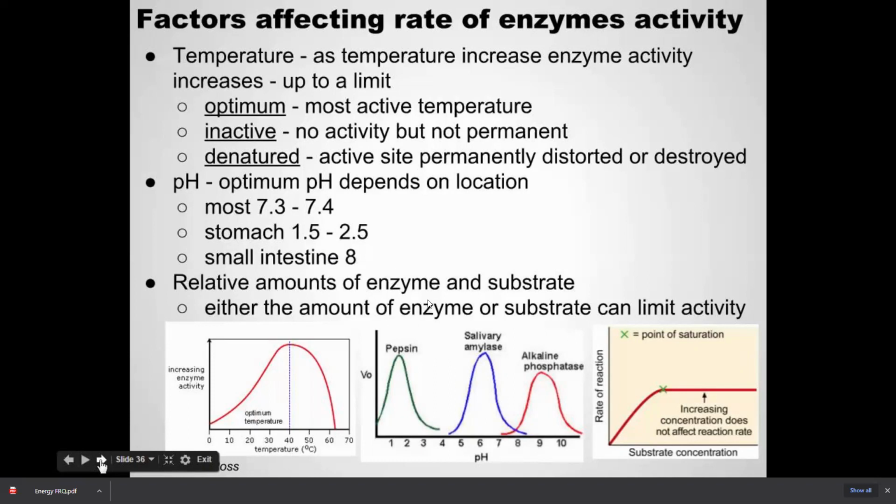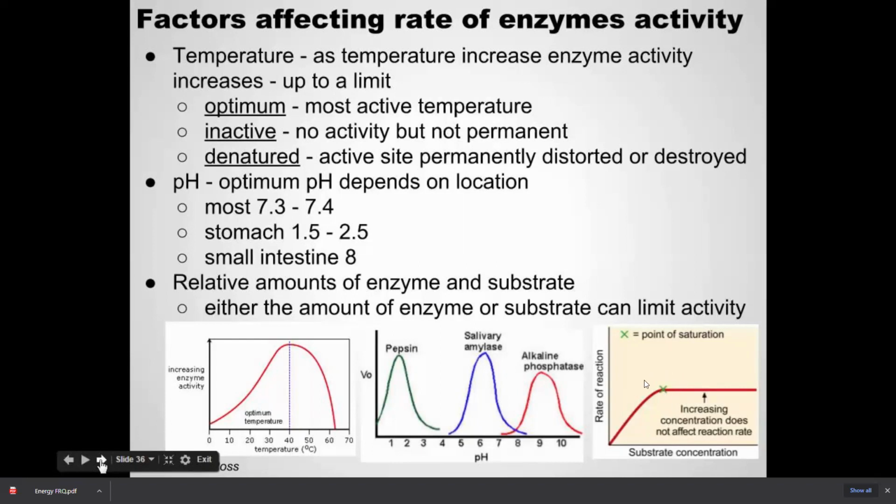And then, I'm going to go through this quickly. Relative amounts of enzyme. If you have more enzyme, you're going to be able to increase the rate of reaction. If you have more substrate, you're also going to be able to increase the rate of reaction up to a point. Because it's like workers in factories. If you have 10 workers and a certain level of tires, they're going to be able to make more cars.